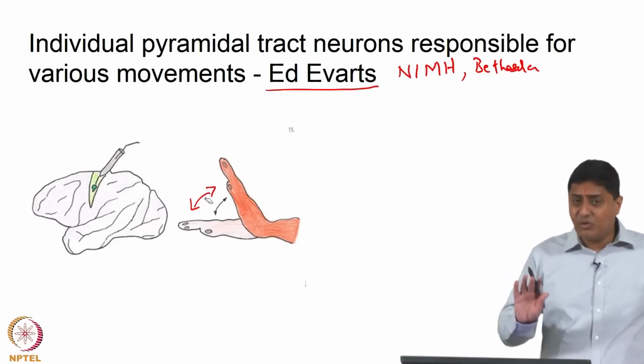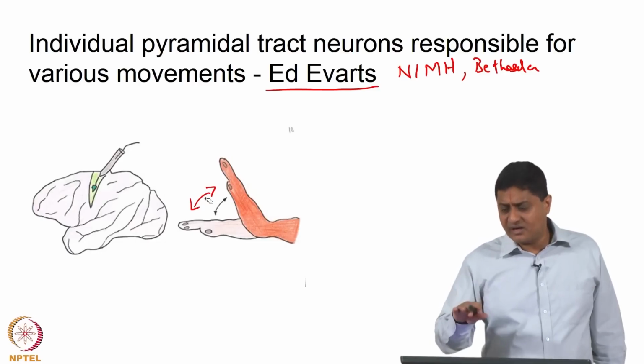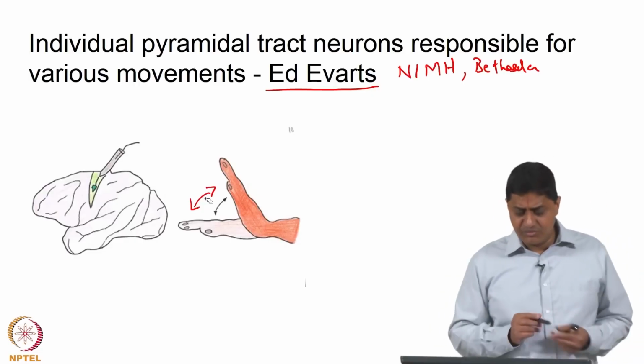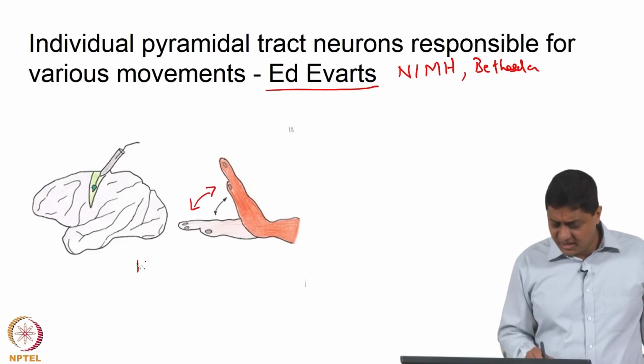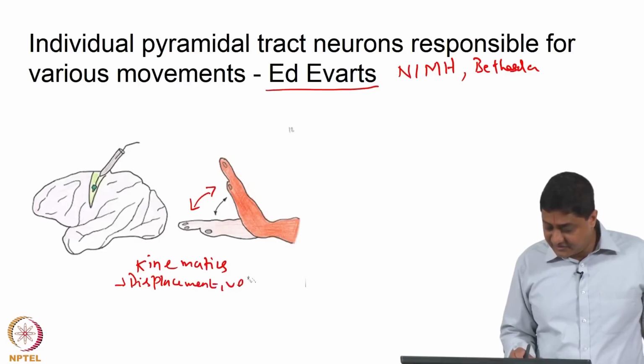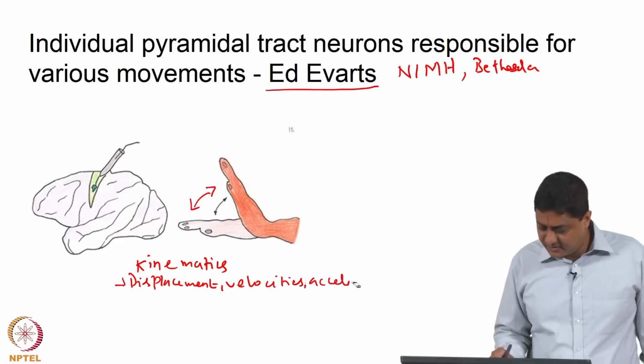So, in other words, the question here is, what is the relationship between movement parameters? What is the movement parameter? Here I am moving a particular part of the body, changing the joint position, right. So, this movement is actually kinematics. Kinematics could include displacements, velocities, accelerations, etc., right.